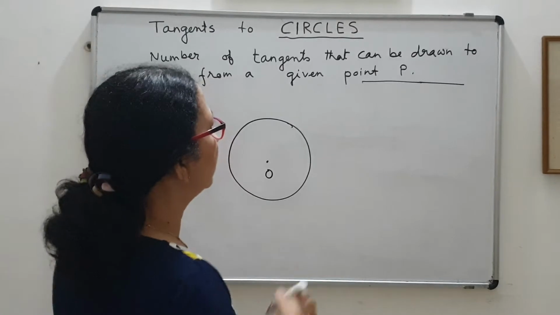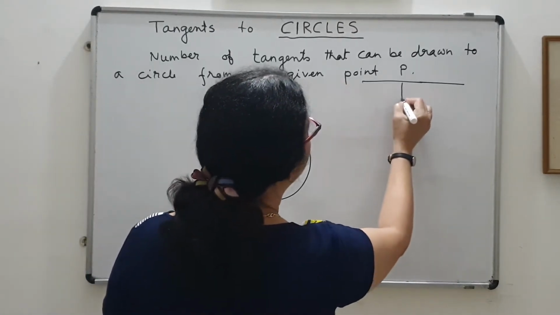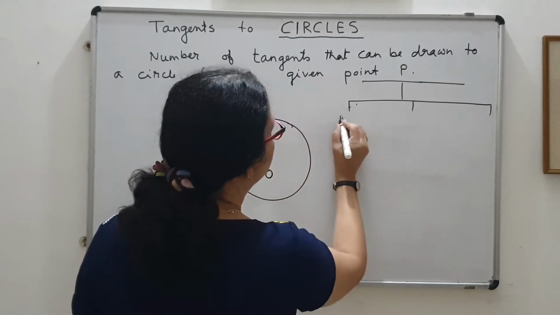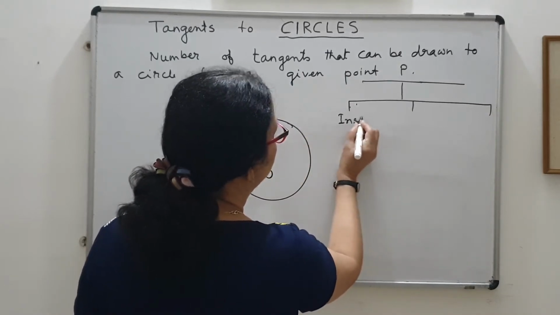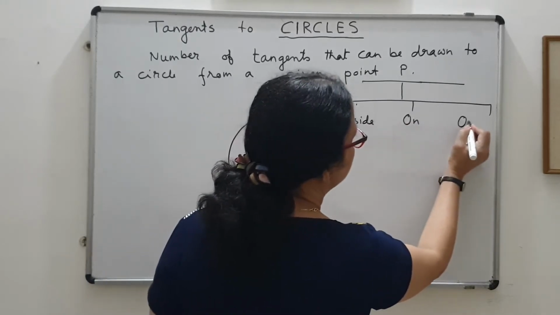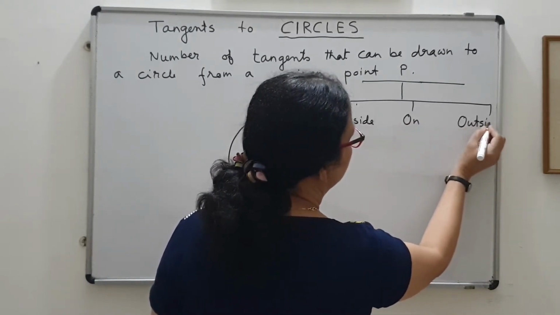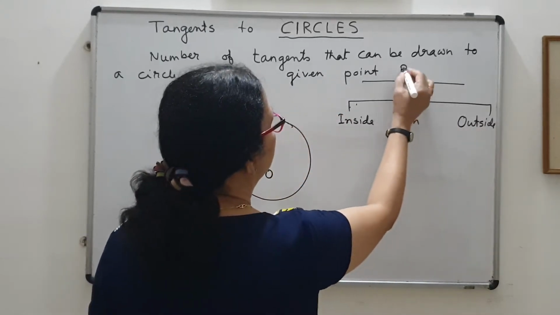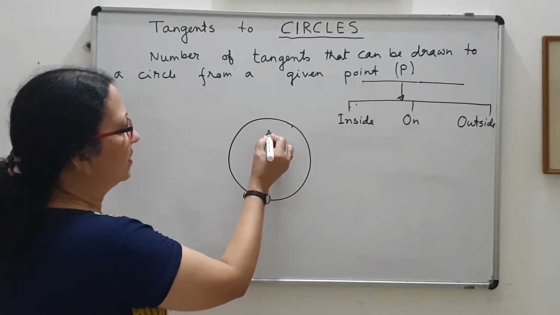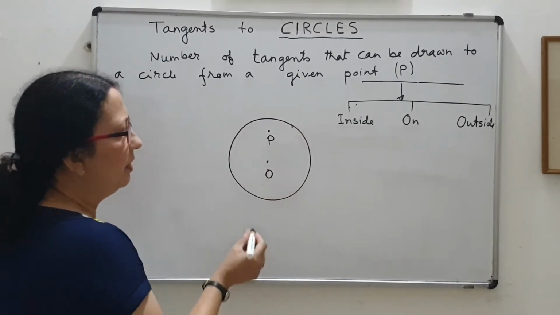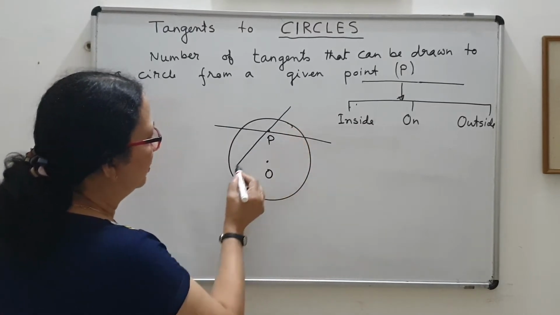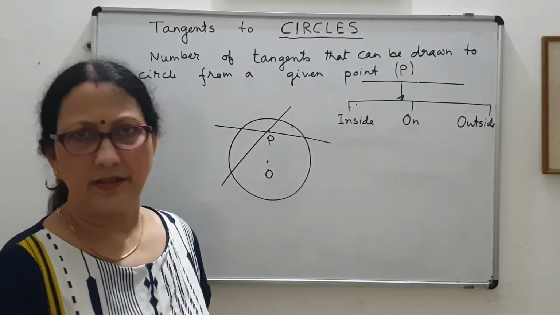So there will be three cases: case 1, the point P inside the circle, on the circle, and outside the circle. When the point P is inside the circle, all the lines that pass through the point will be secants.